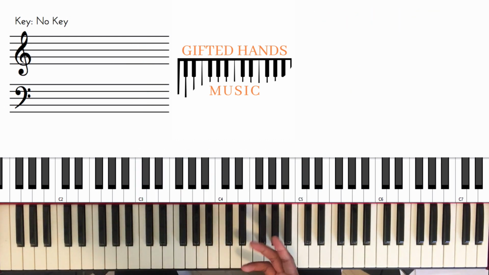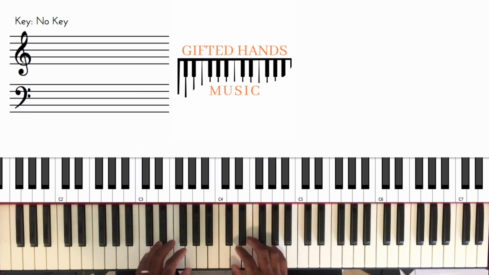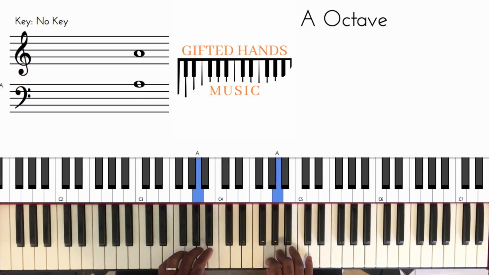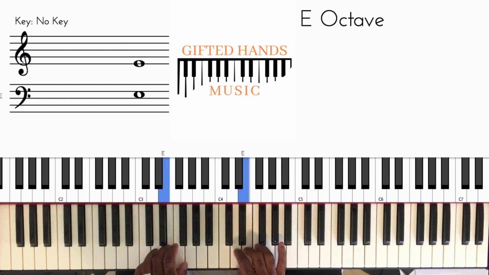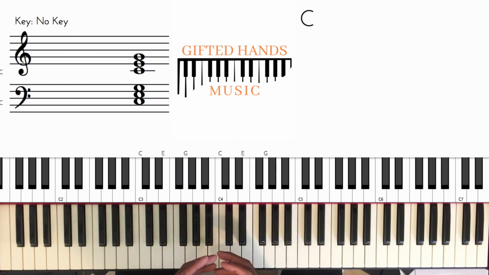What I'm playing right now is based off of a C major triad. And what we're going to learn is how we can take this. The C major triad is based off of the C major scale, right? So 1, 2, 3, 4, 5, 6, 7, 1. That's our C major scale, and the triad is just a grouping of notes from that scale.